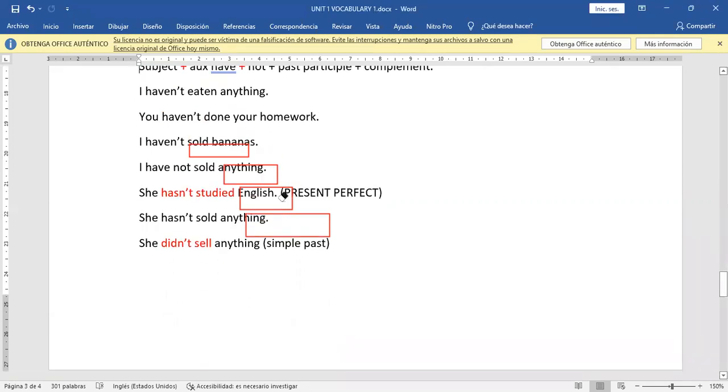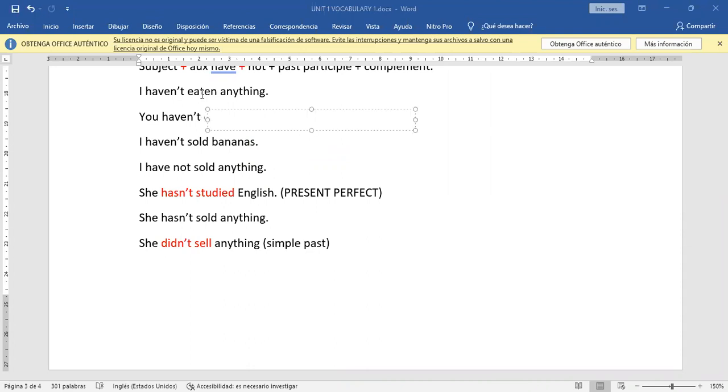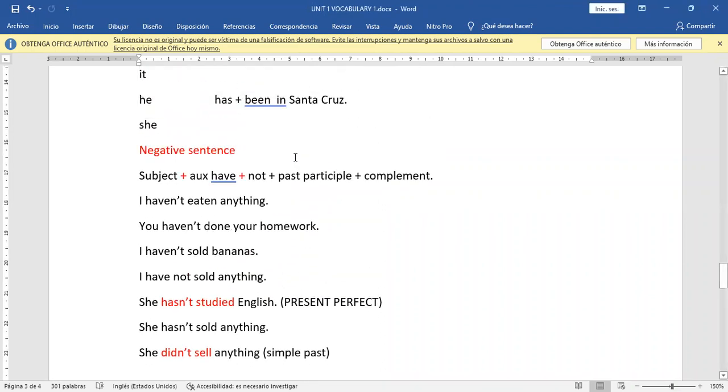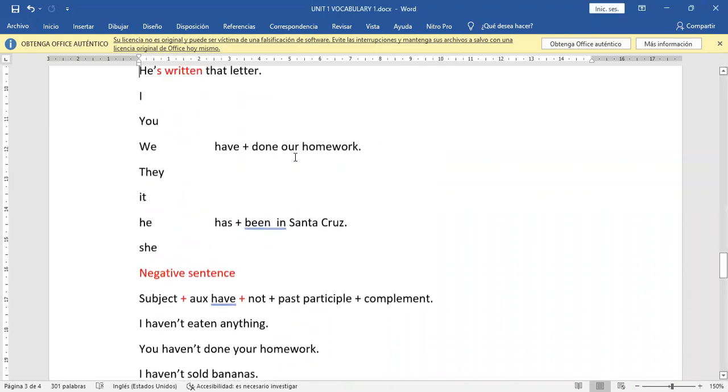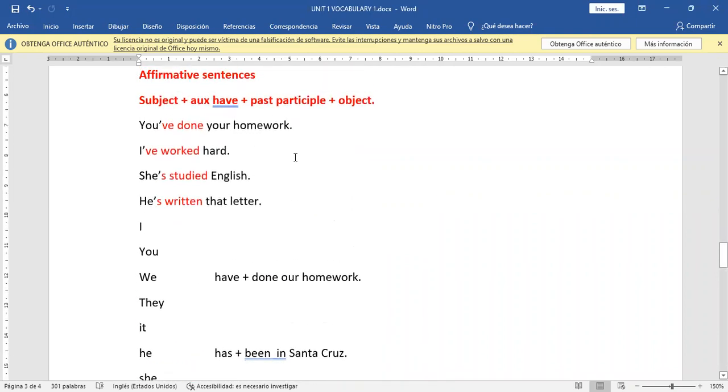¿Por qué? Because present perfect es indefinite. Present perfect es una acción que ha empezado en el pasado y continúa o tiene evidencias en el presente. Por eso no se utiliza. No puedo decir "yo he hecho mi tarea ayer". Así decimos en español, pero no en inglés. No puedo decir I have done my homework yesterday.